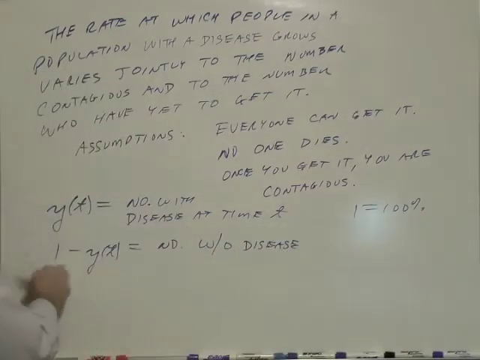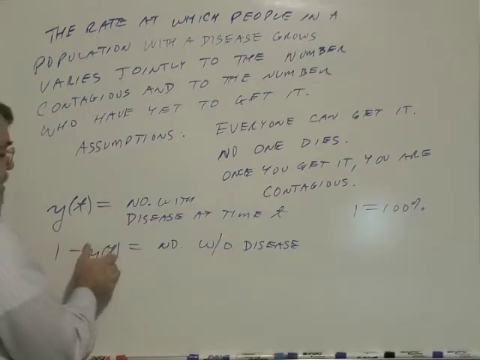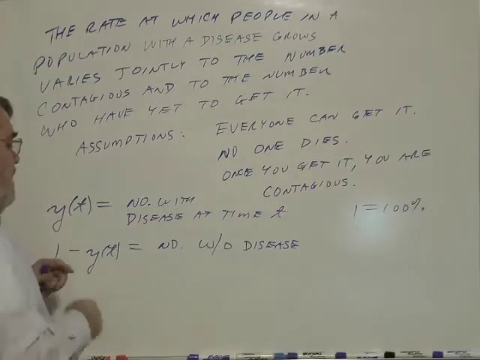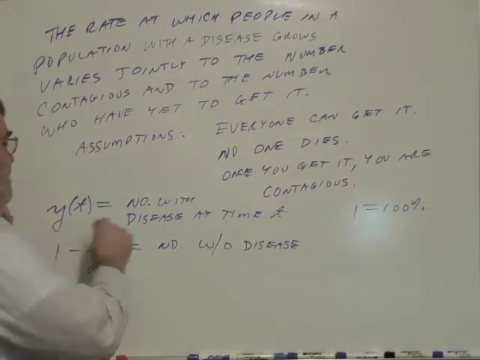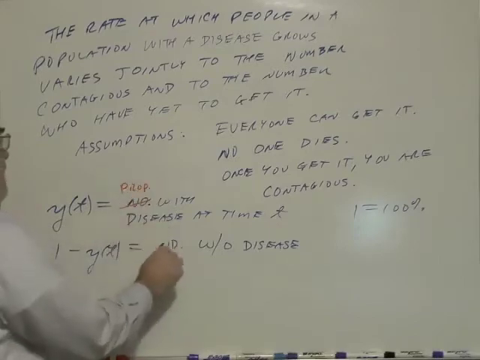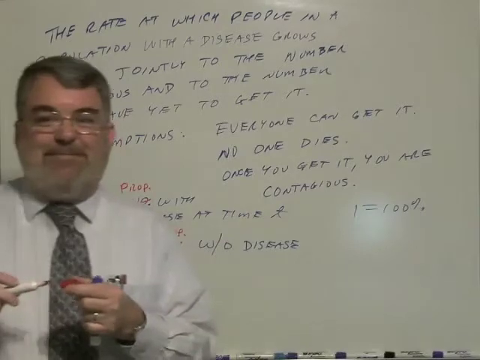In other words, 100% minus the number who have the disease. So if 40% have the disease right now, then 1 minus 40% is 60% who do not have the disease. And probably I should substitute the word proportion here rather than number. Proportionate would be a little more accurate to say.